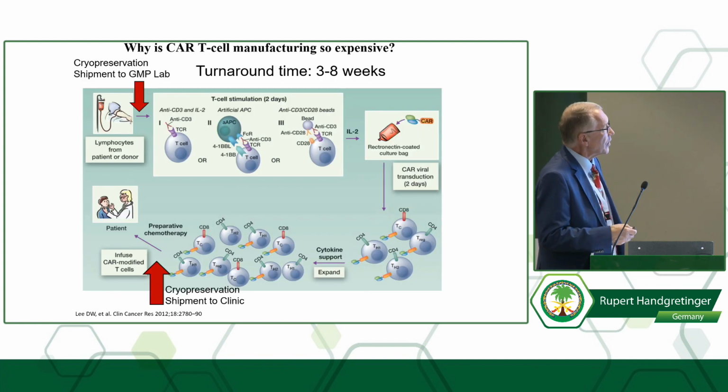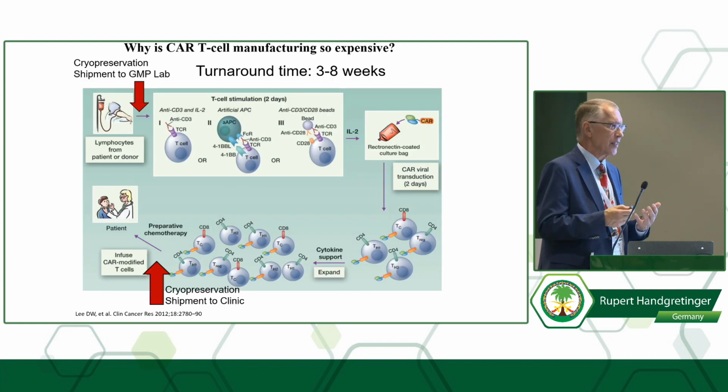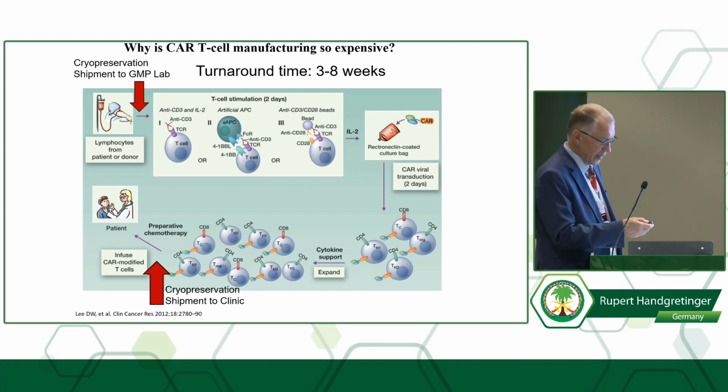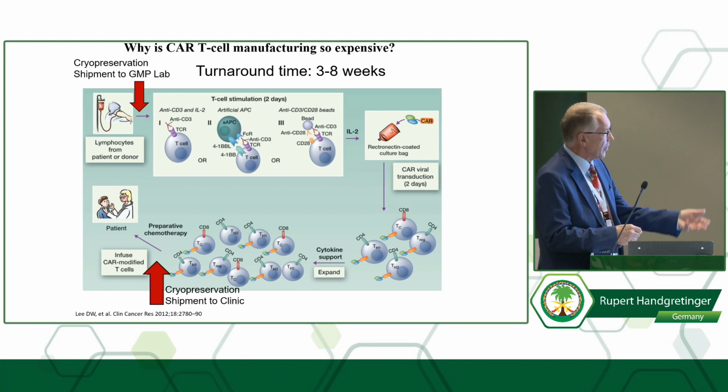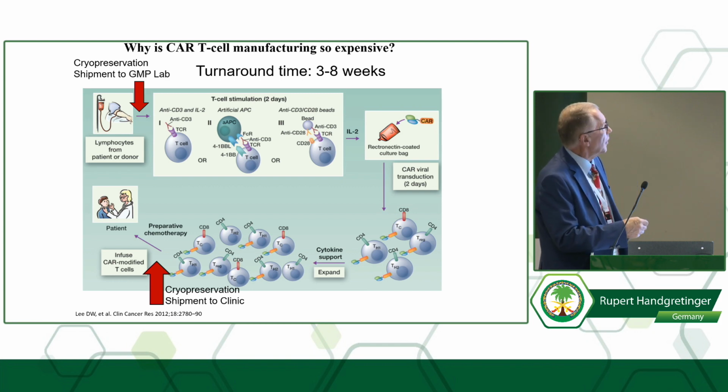So why is it so expensive? You know, Kymriah is in the range of $400,000 to $500,000 for one manufacturing, and this is how they produce it. You take the lymphocytes, you do the T cell stimulation, then the viral transduction. The cells are then expanded in vitro to high numbers, and with the company-based methods, at least at former times, we had to cryopreserve the cells and then ship them to the company, somewhere in the US, where there was a production center.